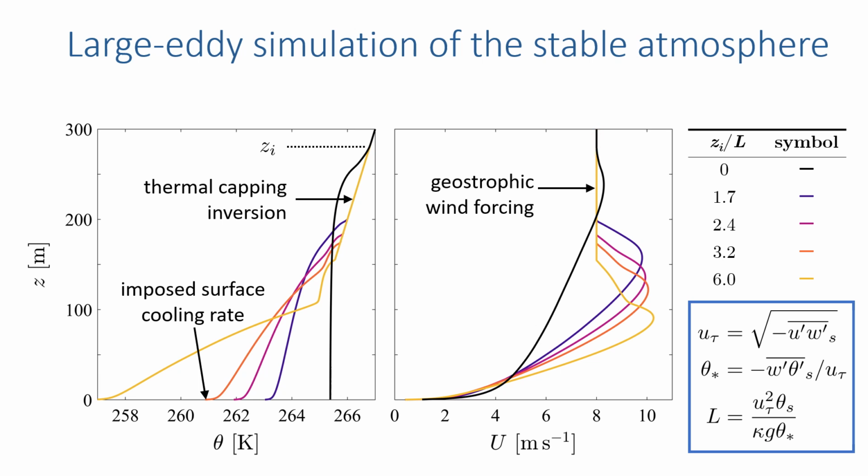And our stratification is characterized in terms of Zi over L, where L is the Obukhov length. The critical scaling parameters are u tau, the friction velocity, theta star, which is associated with the surface heat flux and u tau, and then the Obukhov length that I previously mentioned.